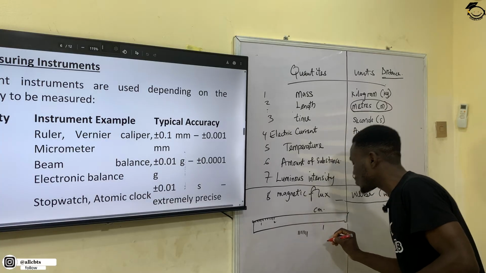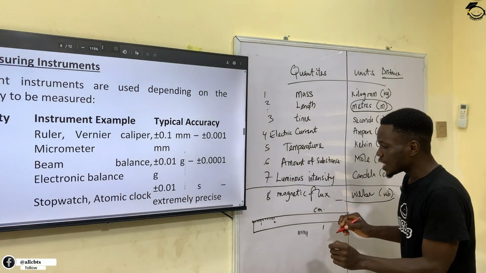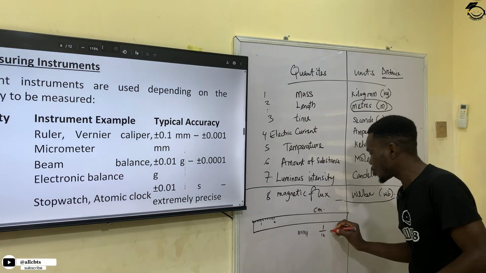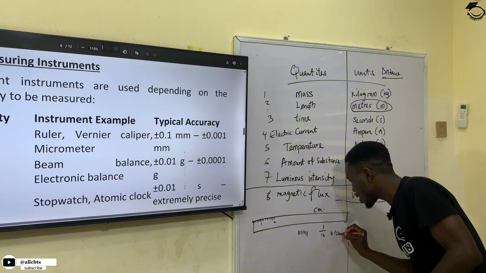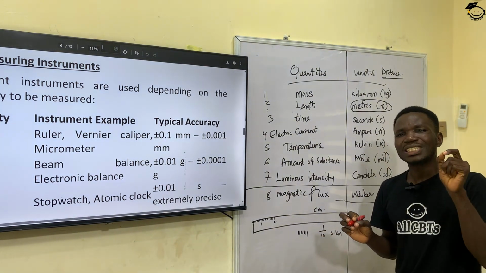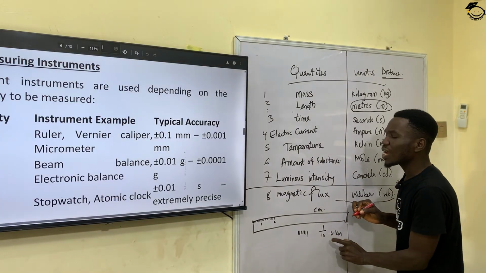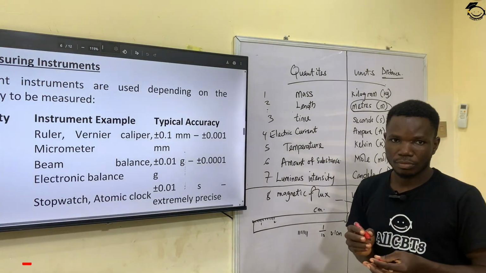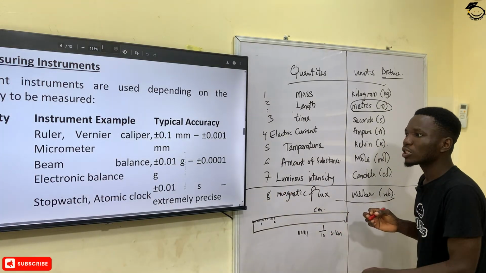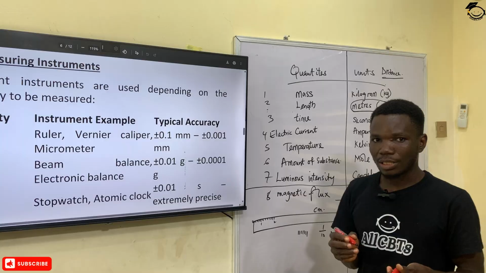So if 1 centimeter has 10 smaller units, it means that I have 1 divided by 10, which gives me 0.1 centimeters. It means that this particular meter rule can measure to a degree of accuracy of 0.1 centimeters. So using my meter rule, I can easily measure objects up to 0.1 centimeters.